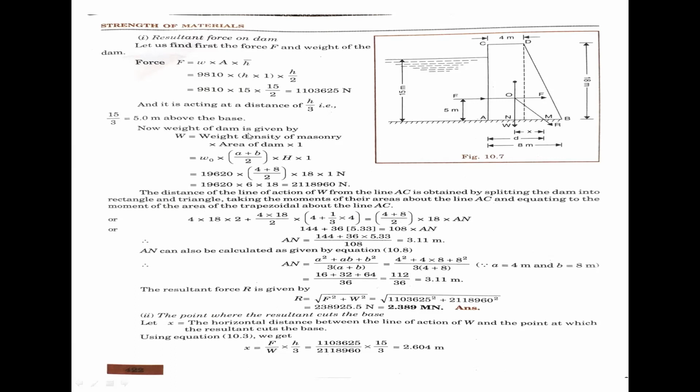Now the weight of the dam is given by W equal to weight density of masonry into area of the dam into 1. The weight density is already given, and the area is A plus B by 2 into H into 1. Now 1960 into 4 plus 8 by 2 into 18 into 1. Now 9660 into 6 into 18. Finally 211,8960 newtons.